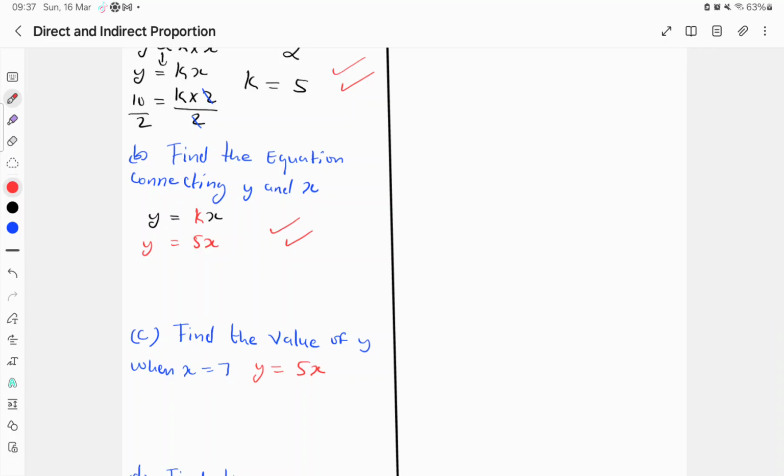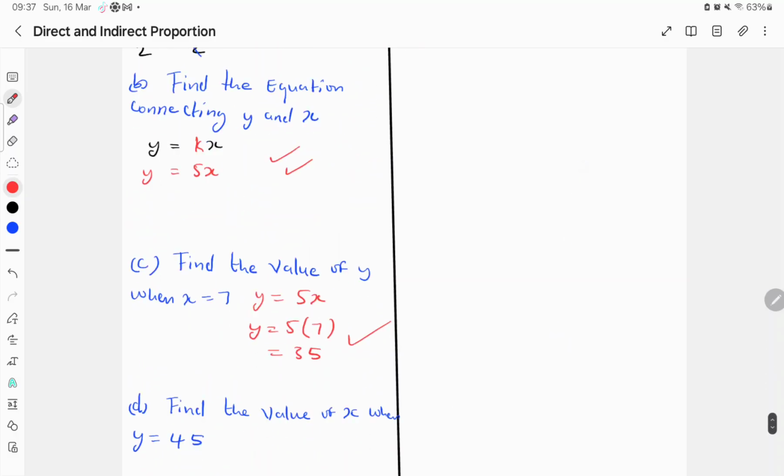They say find y when x equals 7, so you have y equals 5 times 7, where x goes inside the bracket as 7. Then you have a value of 35. That means y is 35. And this one normally will be a 1 mark question.